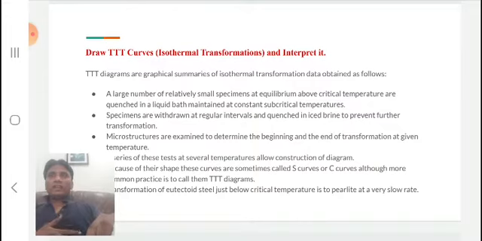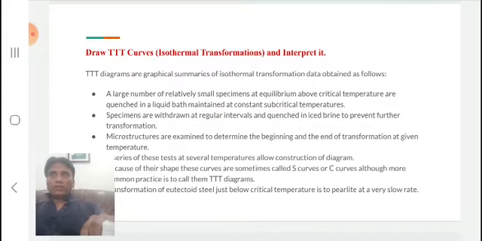For example, if I take a hypoeutectoid steel containing 0.4% carbon, I take many samples and heat them to above the critical temperature, that is 723 degrees centigrade, and then cool all these samples at different cooling rates.